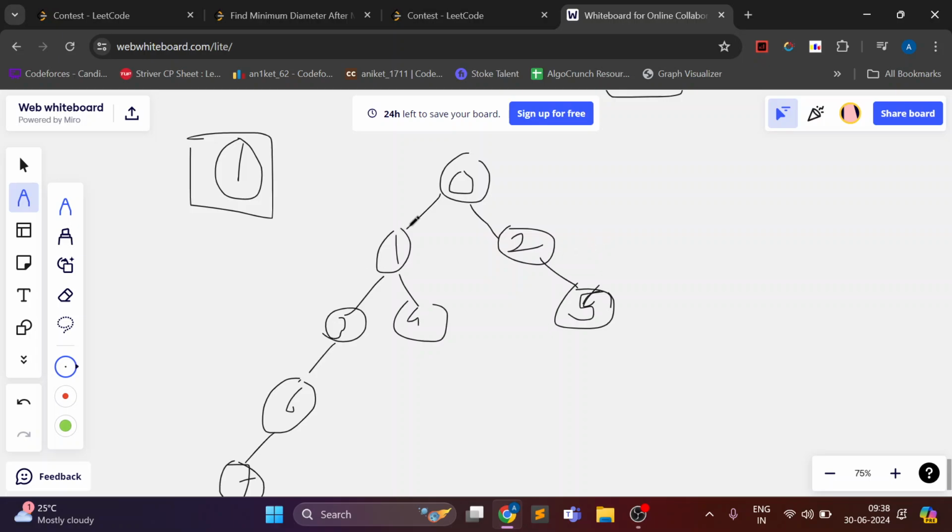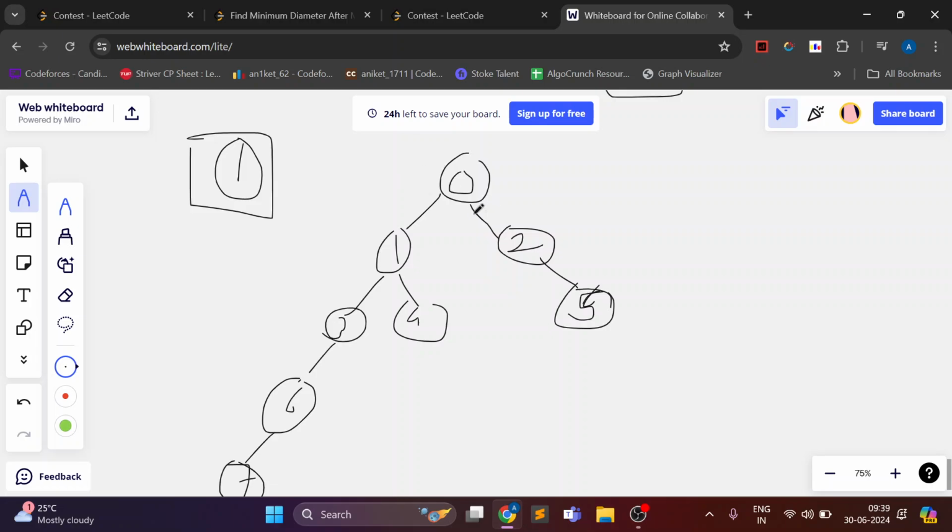The height of the tree will always be a part of the diameter of the tree, because the node at the end of the path which is forming the height would also be the farthest element from all other nodes.